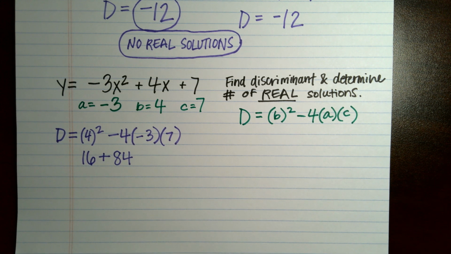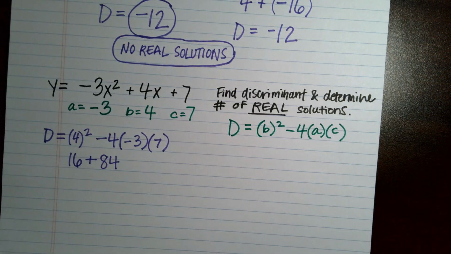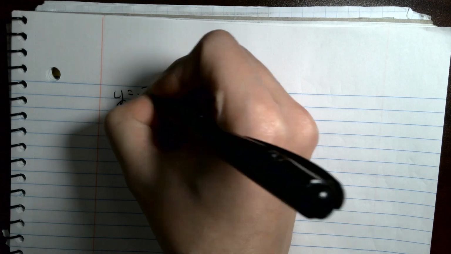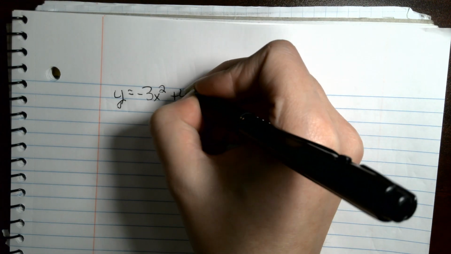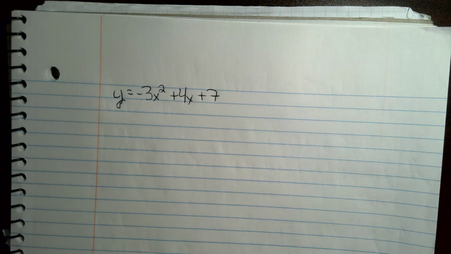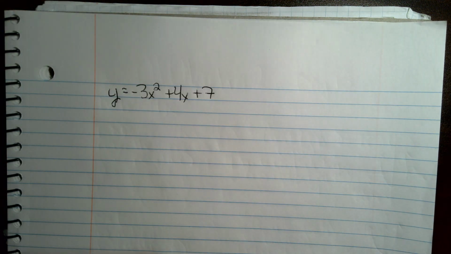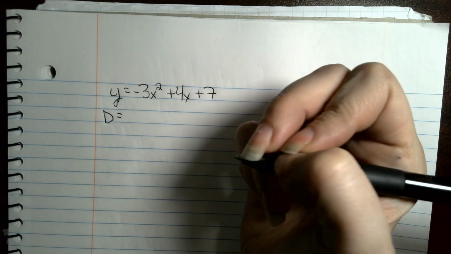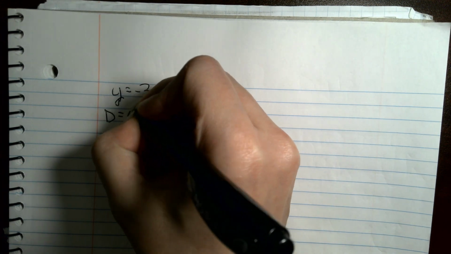All right, so teach us about what you were just telling us, and you can cover mine up if you need. Everybody listen to Kelly. We have -3x squared plus 4x plus 7. And then we're going to plug in with our formula. So D equals 4 squared.